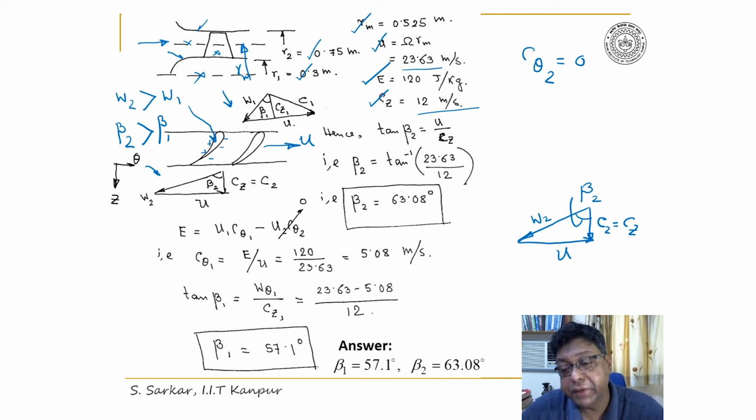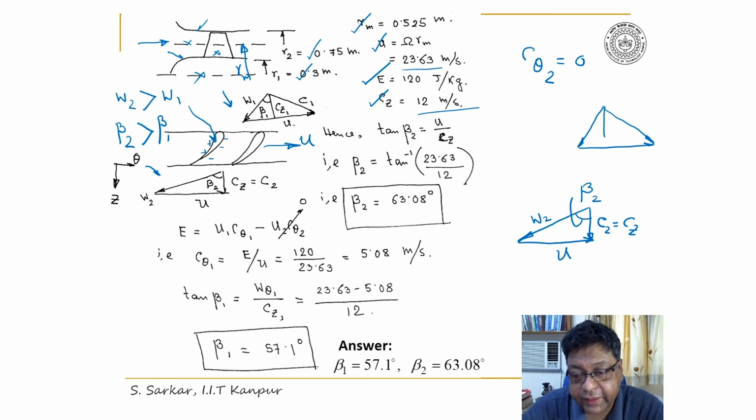Beta 1 is less than beta 2 and W1 is also less than W2 here. So if I draw the velocity triangle at inlet, it will be like this. U remains the same. This is the C1. Okay. Now this is beta 1. Look, now beta 1 is less than beta 2 for the turbine, and W1 is less than W2, and this is alpha 1.